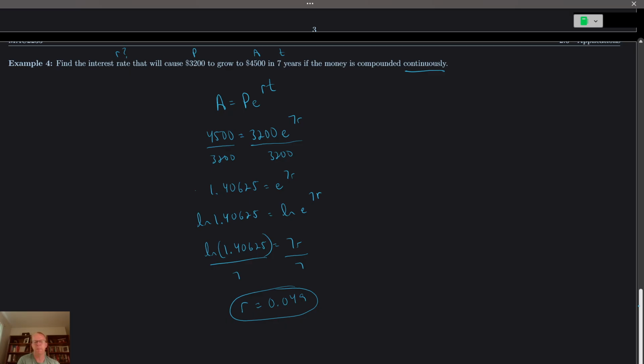Because it's possible to get extreme answers, but normally you get reasonable answers. So r usually is between 0 and say, we'll say 0.15. If you get above 0.15, you're getting a little bit of aggressive growth, we could say. And you could also go in the negative direction too. We won't cover negatives here too much. But as you see application problems especially, keep in mind what are reasonable answers.